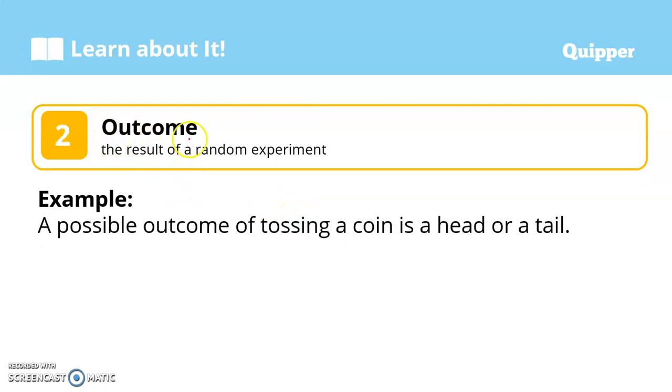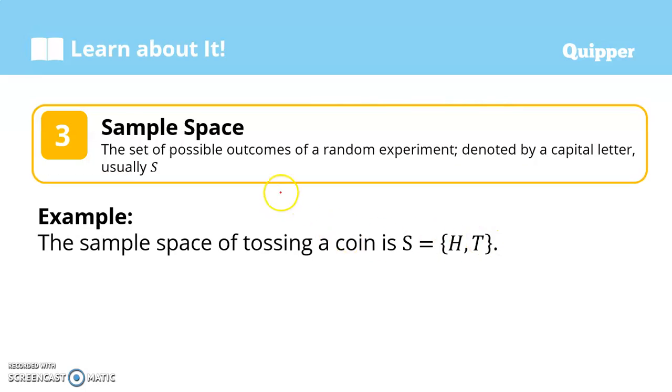Next, outcome. When we say outcome, that's the result of a random experiment. Example, when we toss a coin, a possible outcome is either a head or a tail. We also have what we call sample space. So sample space is the set of possible outcomes of a random experiment.